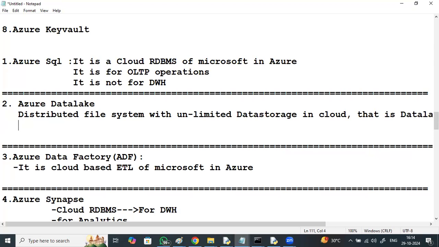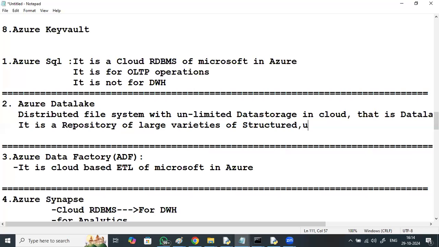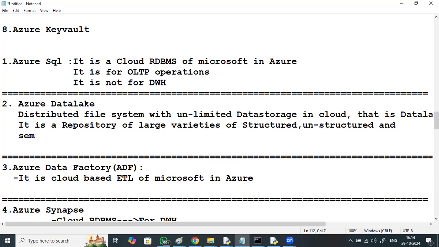I can say it is a repository of large varieties of structured, unstructured, and semi-structured data.